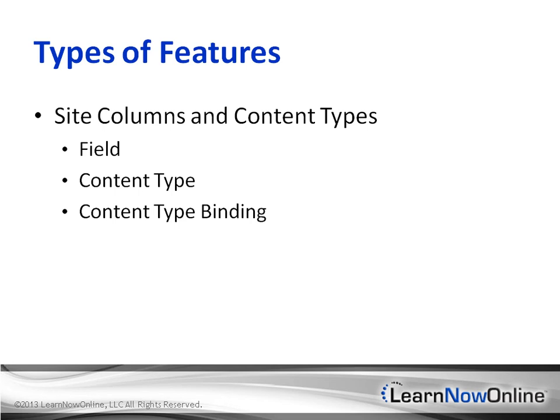So you could create a proposal content type, and then associate the proposal content type to a list. So essentially bind it to a list. And then when you go into your list, you could actually associate a document with that content type. And so when users are in a certain document library and they click on new document or add a document, they might see, instead of just add document, add proposal. So that's some of the power of content type binding.